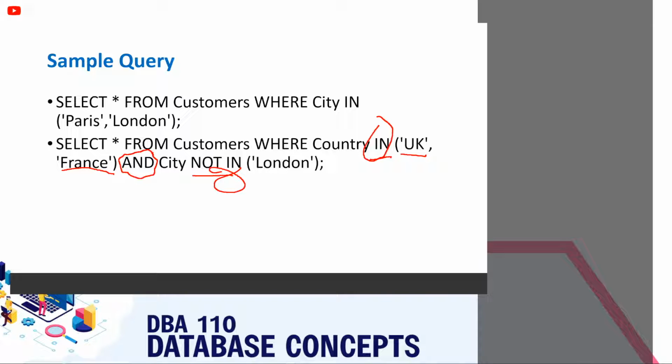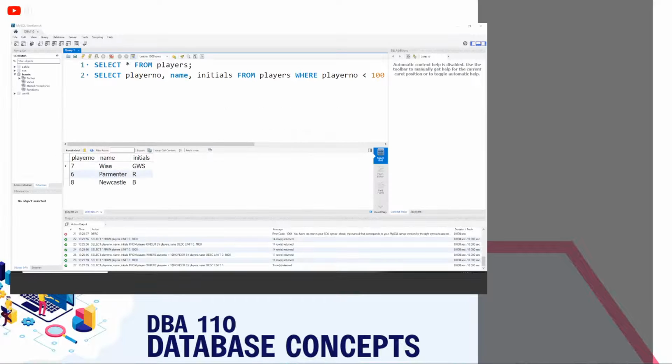So basically if they're anywhere in France, or anywhere in the UK that's not London, we will return that record. So let's look at that in relation to our database that we're dealing with here.